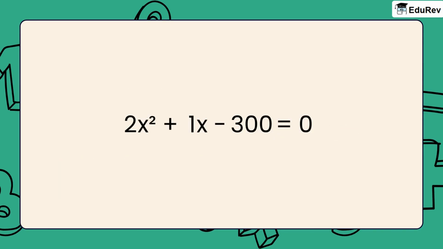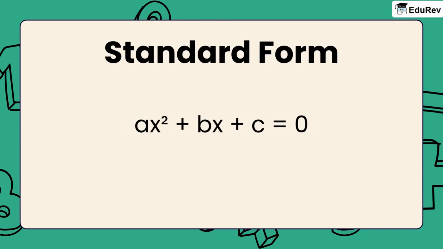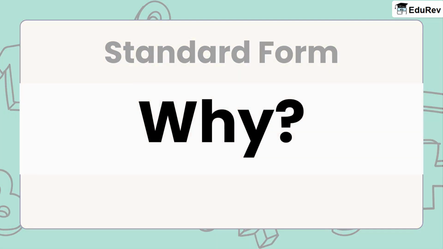Now, let's generalize the quadratic equation. If we put a instead of 2, b instead of 1 and c instead of 300, we get ax² + bx + c = 0. This is called the standard form of a quadratic equation, with a condition that a cannot be equal to 0. Why?